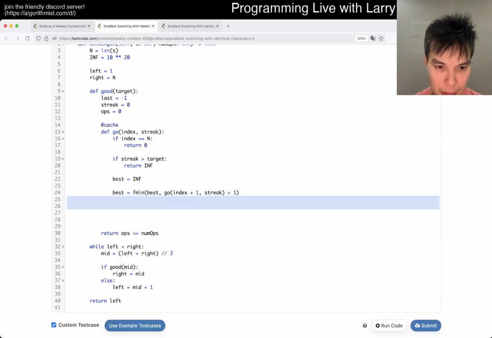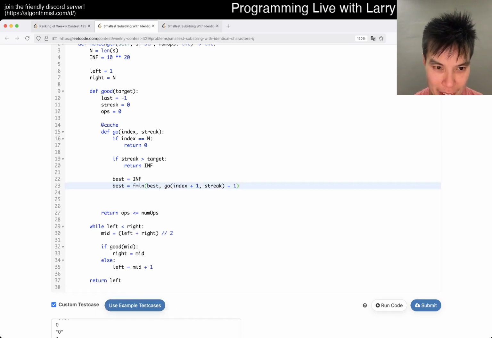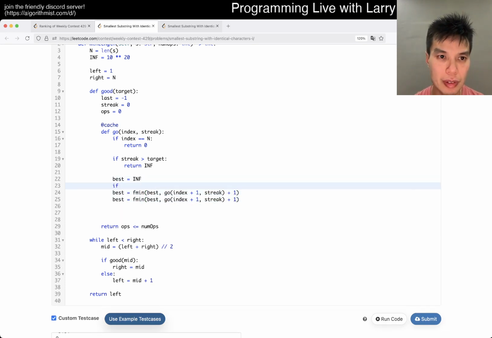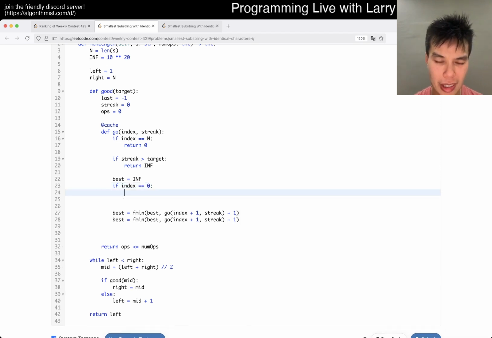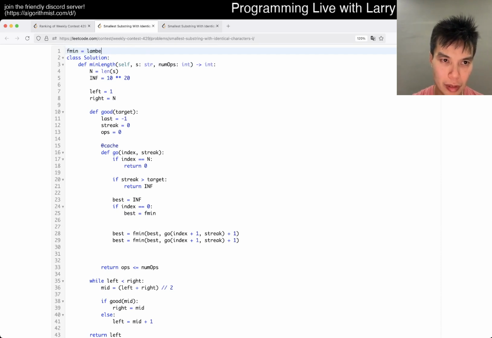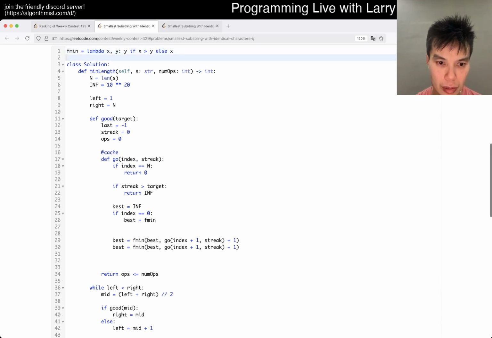Well, I already saved it, so saved it by submitting a bad thing. So something like this. Okay. So if index is equal to 0, I guess you can always just use it. Right? So then now you can best is equal to also, right, something like that.